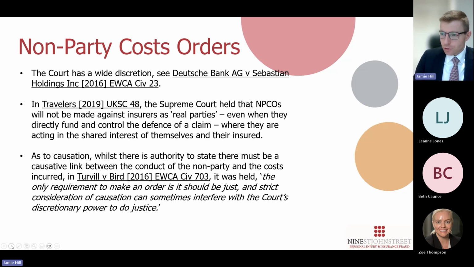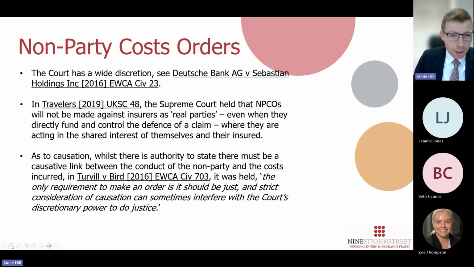As to causation, there is authority from Travellers that states there must be a causative link between the conduct of the non-party and the costs that were incurred, but that seems to have been subsequently doubted, and Turville, a Court of Appeal case, is preferred, where it was held that a strict consideration of causation is not actually necessary, and that may interfere with the court's wide discretionary power.